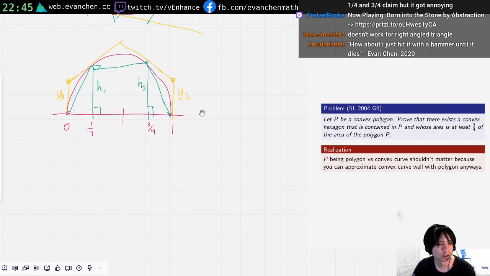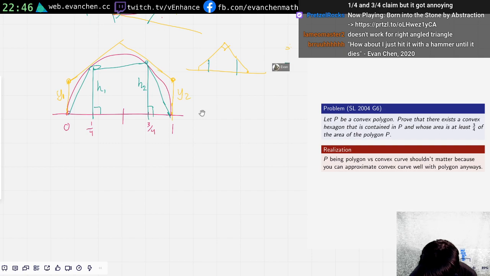Like if the yellow guy is a right angle triangle. Yeah, that's pretty bad.